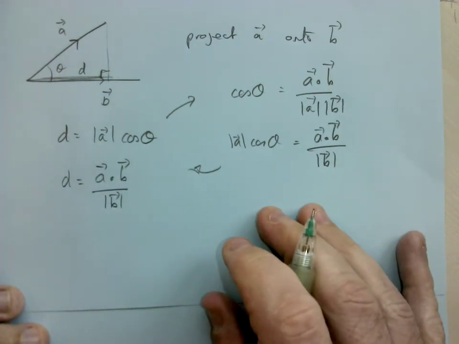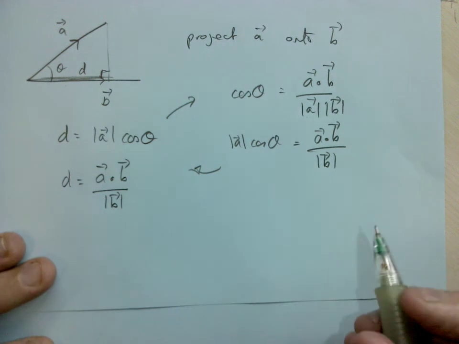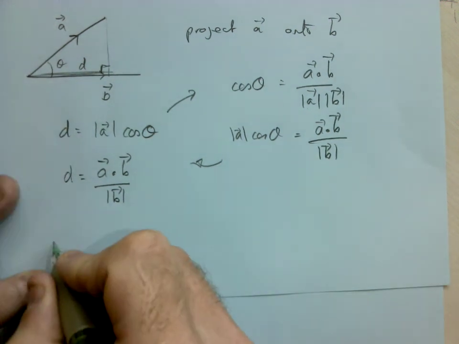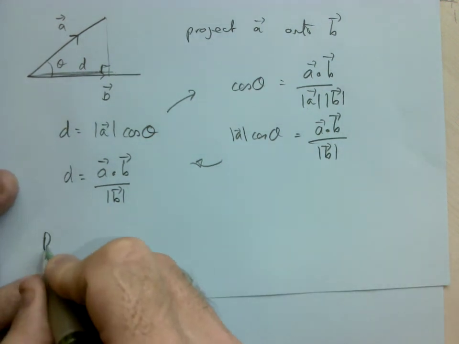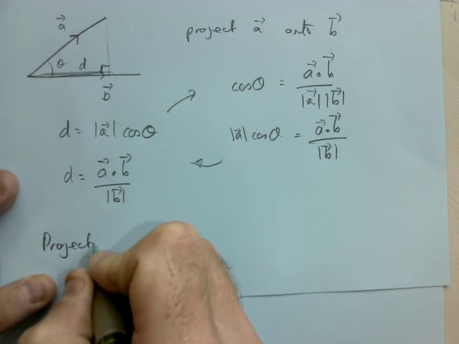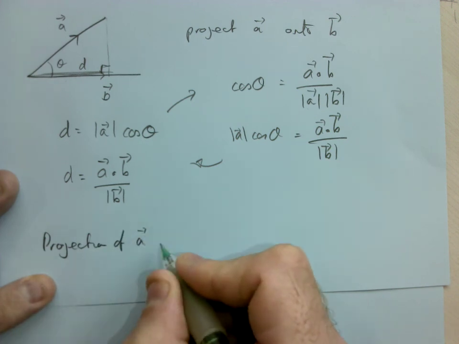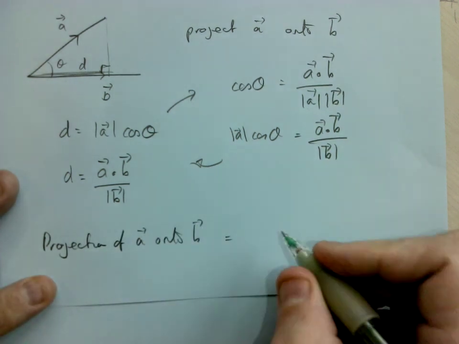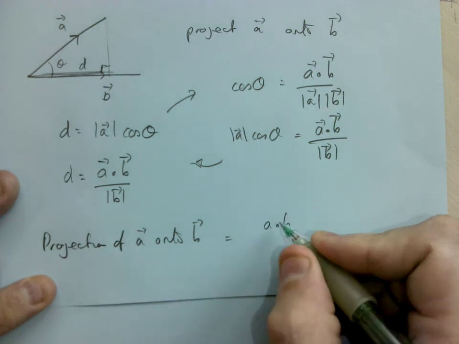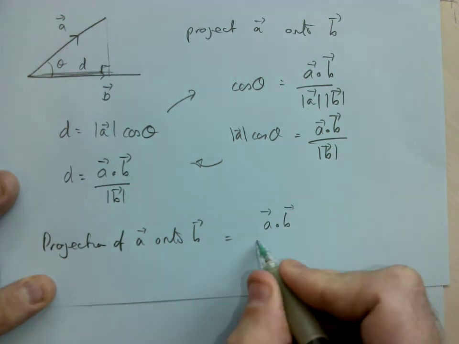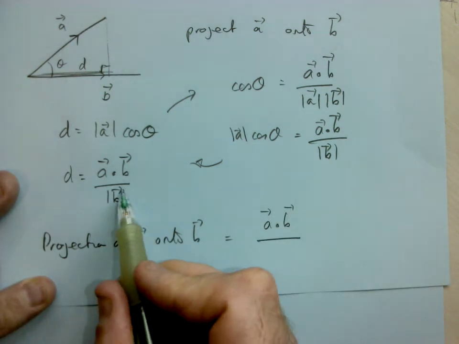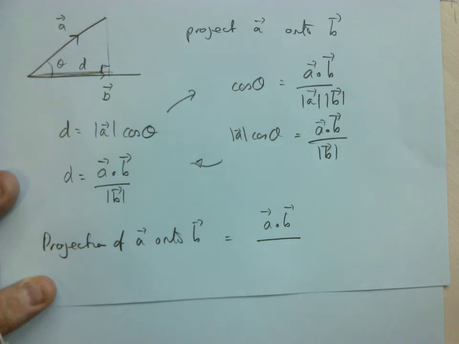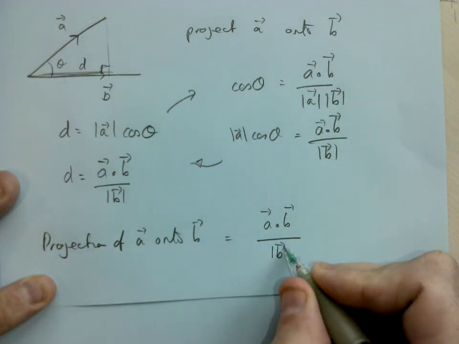The way that I remember that is, let's put this as a final result: the projection of A onto B is equal to the dot product of both of them, divided by the magnitude of the vector that you're projecting onto.